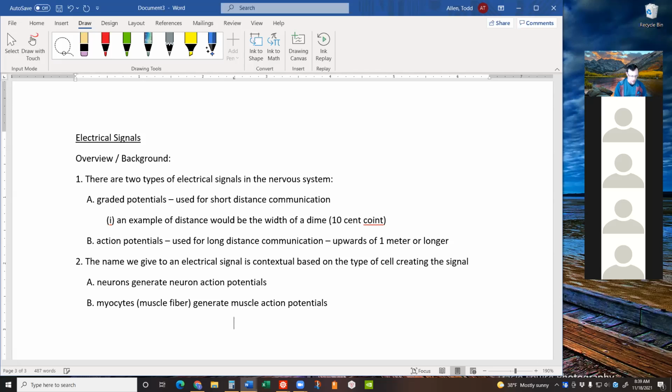Also remember that action potentials are also referred to as impulses. So we could have a nerve impulse, we could have a muscle impulse.